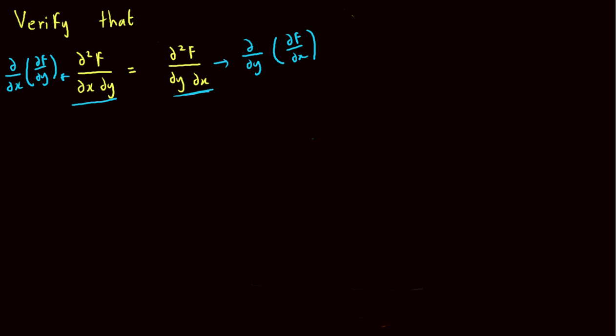So for B, let me get my pencil over here real quick. f of x, y, if you recall correctly, was sine hyperbolic x cos y.